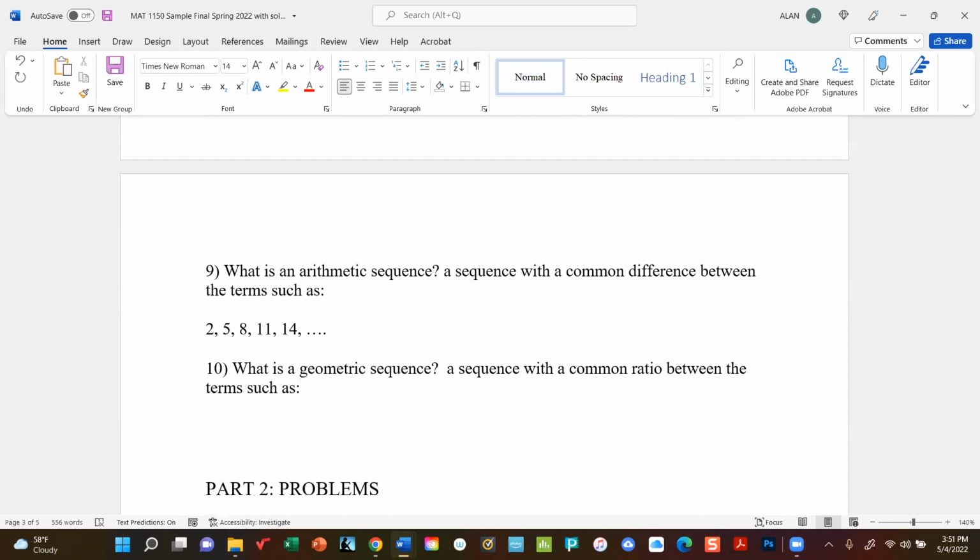That would be something like this: 2, 4, 8, 16, 32, etc., because we have a common ratio of 2. And it could start anywhere, by the way.